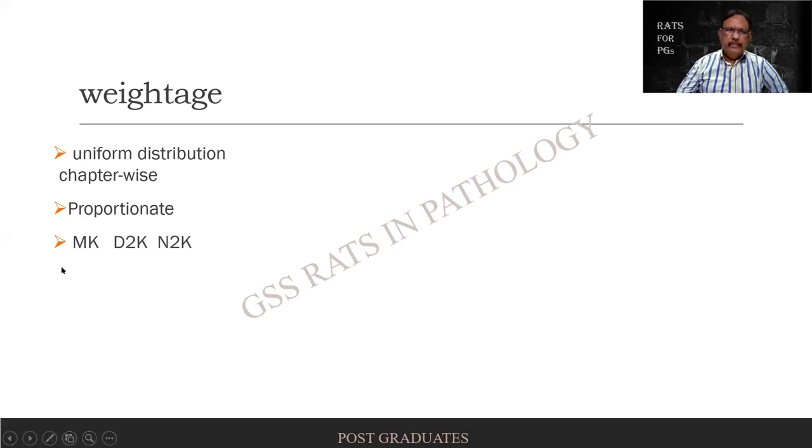For example, myocardial infarction. It is a must know question for me. Spread of tumors, must know. Desirable to know, effects in phagocytosis. Nice to know, what is the molecular basis of acute tubular necrosis.